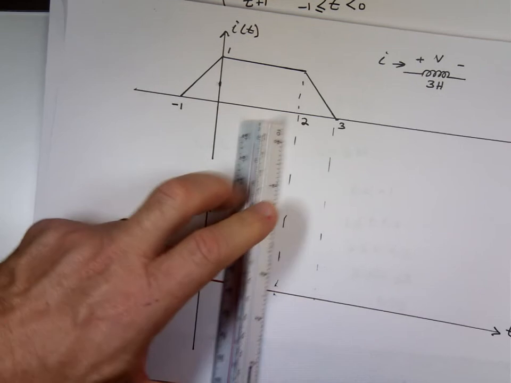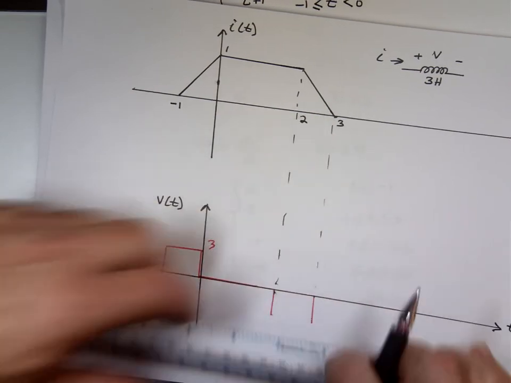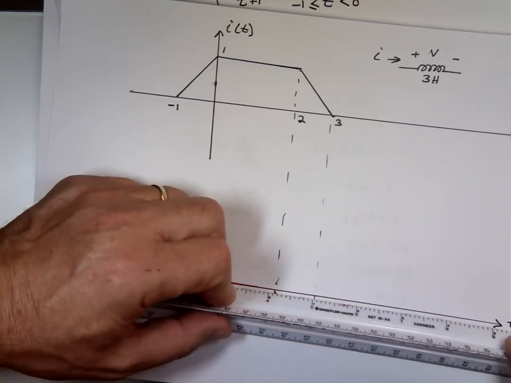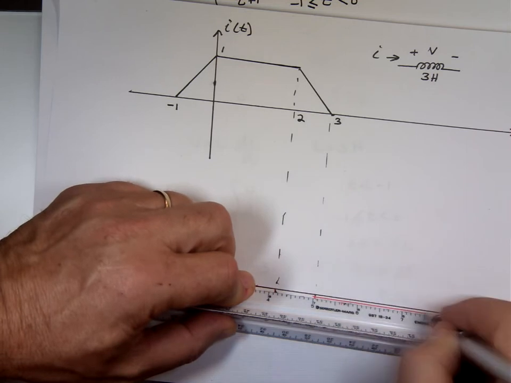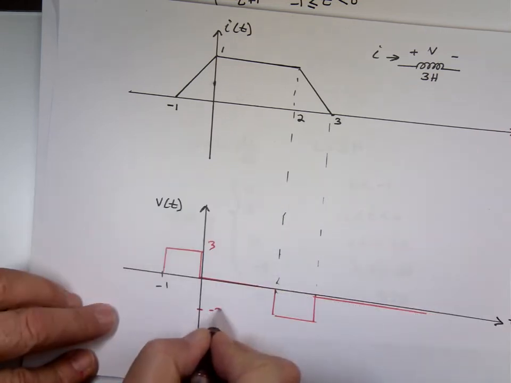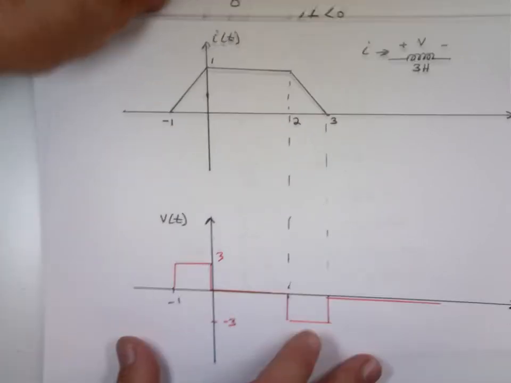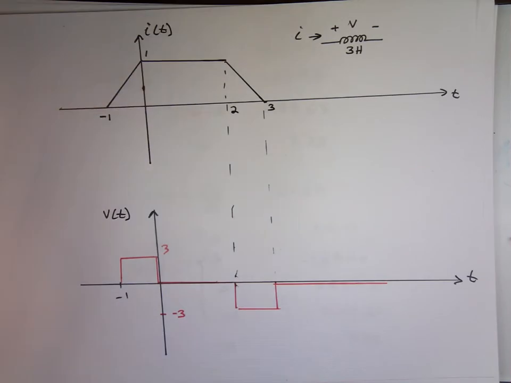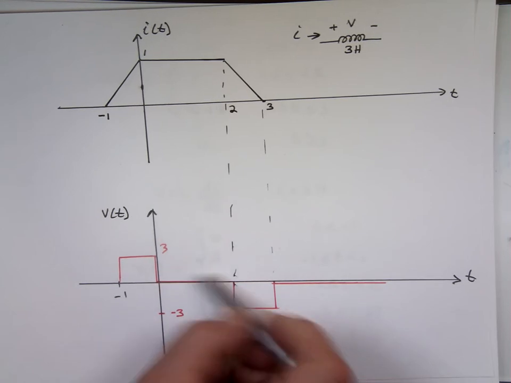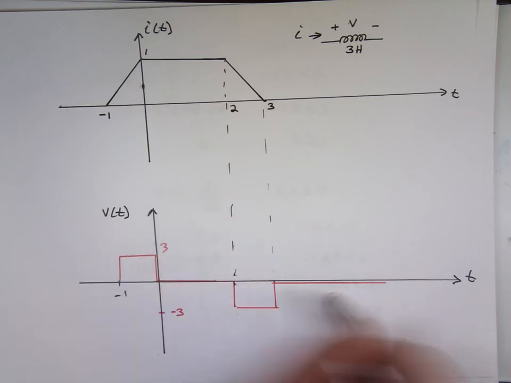Then it goes down to -3. Then it goes back to 0. This is the -3. That's what the voltage across that inductor will look like if you supply that current. There'll be a 0 voltage here, 3 volts here, -3 volts, back to 0, back to 0.